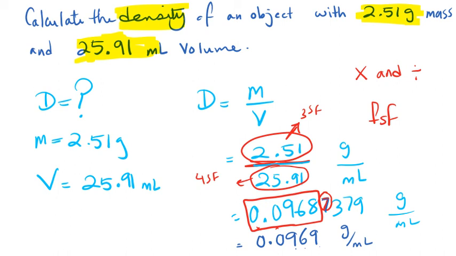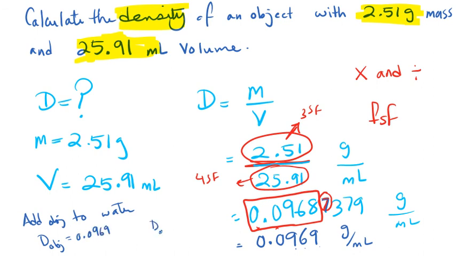Right now, based on the other video you already watched, I'm going to ask you: what happens if we add this object to water? Assume that you add this object to water. The density of the object is 0.0969.